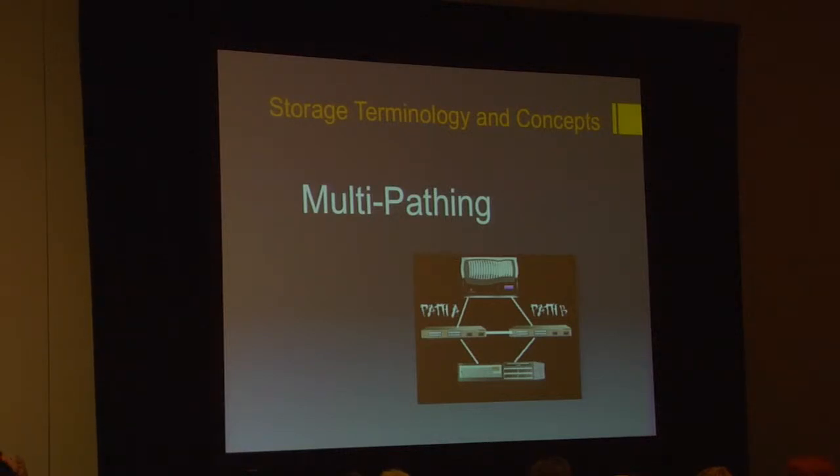So if one path gets cut, boom, you go down another route. It also gives us the ability to talk to multiple controllers. With things like ALUA, we can write to both controllers and double the bandwidth. If we have multiple HBAs in our server, we can write down multiple paths, increasing the amount of bandwidth that we have.